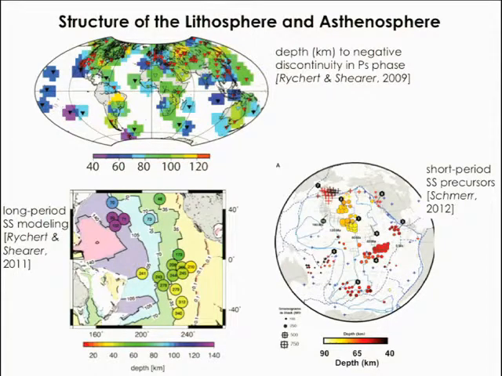There are really two populations at around 55 and 75 kilometers, and a lot of the detections of the discontinuity appear to be near regions of surface volcanism, like near hotspots in the South Pacific superswell and near Hawaii. And so he speculated that these may originate from a layer of melt at the base of the asthenosphere.